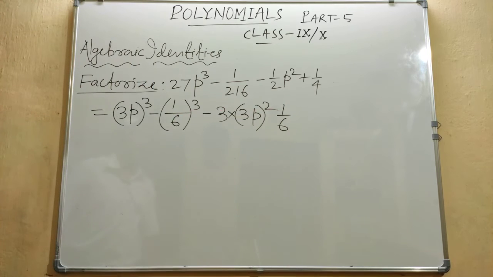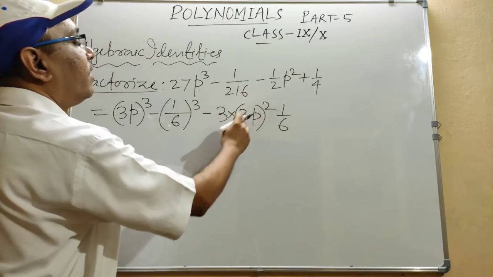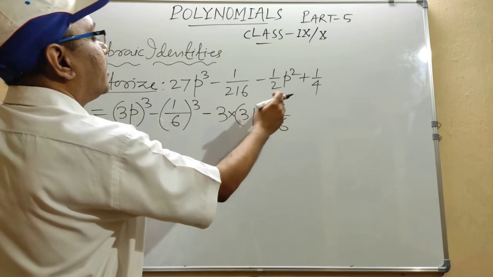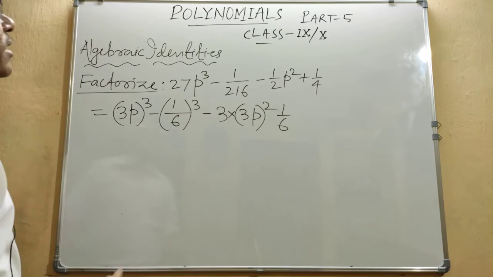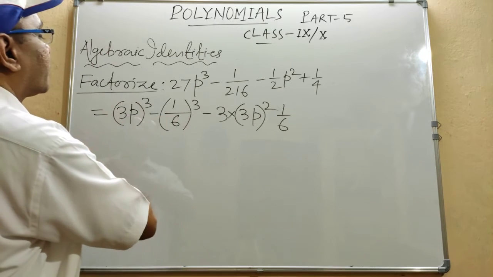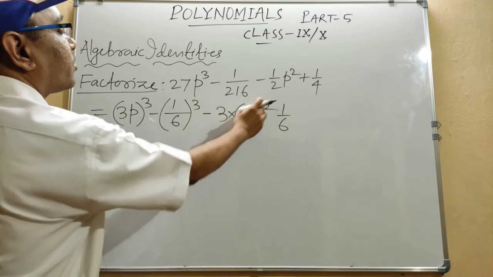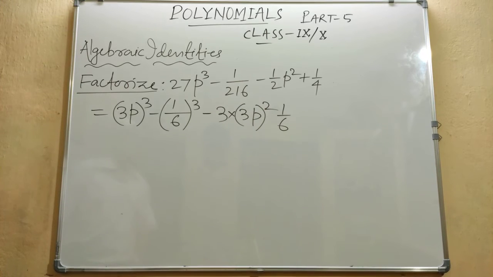Let us see. What will be this? 3a square b. Okay, so a is this, b is this. So 3 square 9 into 3 27.